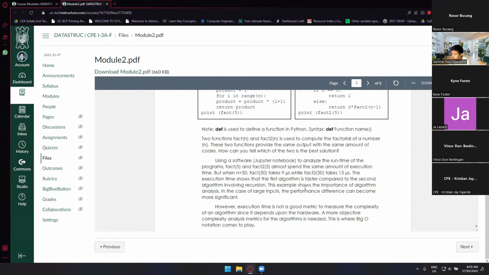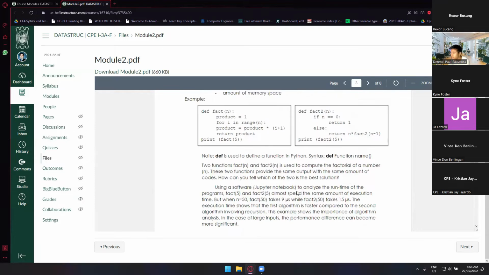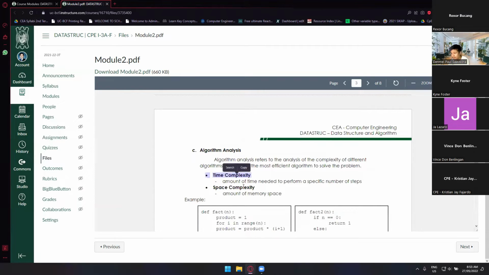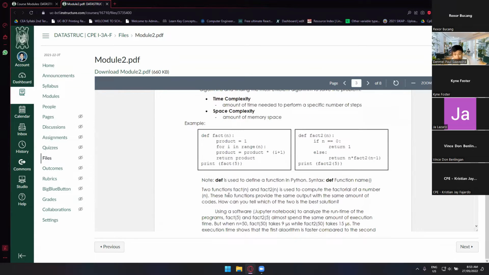So this example shows the importance of algorithm analysis. In the case of large inputs, the performance difference can become more significant. So yes, we could see that at first they are equal, let's say for the first 10 values or first 15. But when it comes to bigger inputs, let's say 50, 100, 500, that is where you will see the slight difference.